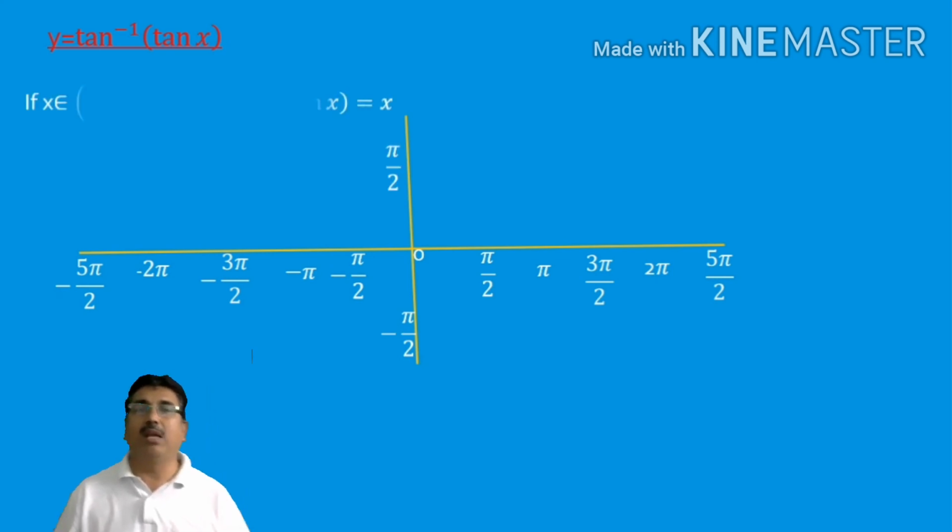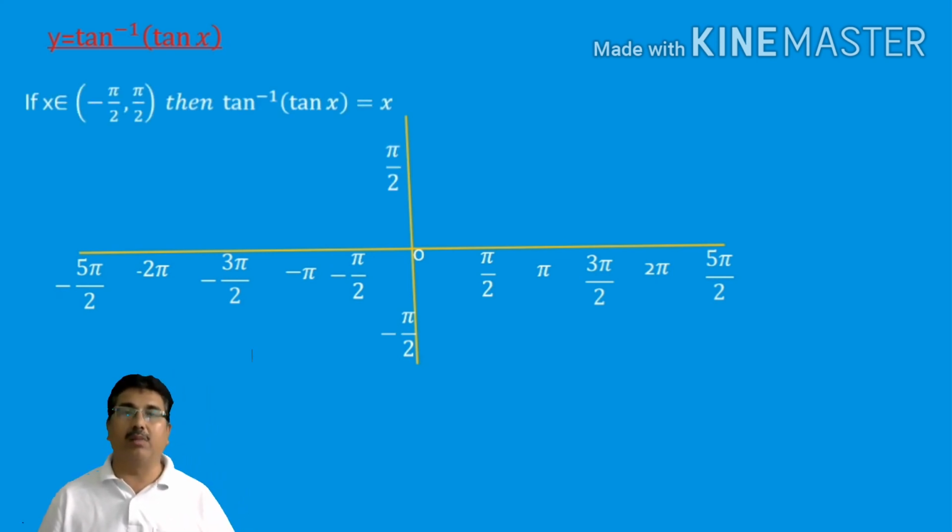If x belongs to the open interval minus pi by 2 comma pi by 2, in this interval tan x is a bijective function, then tan inverse of tan x is equal to x.